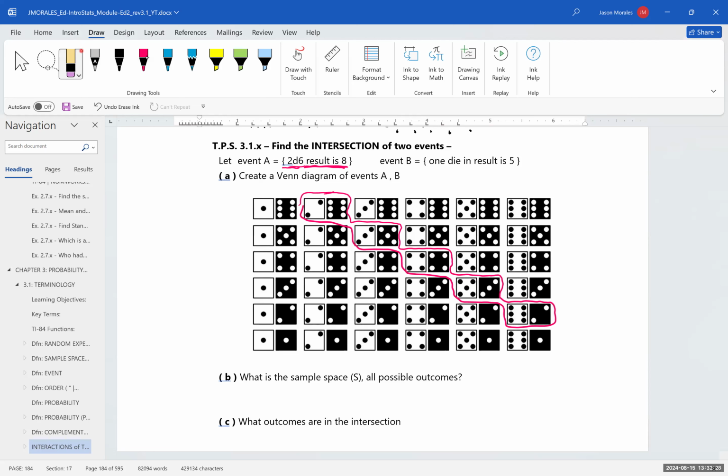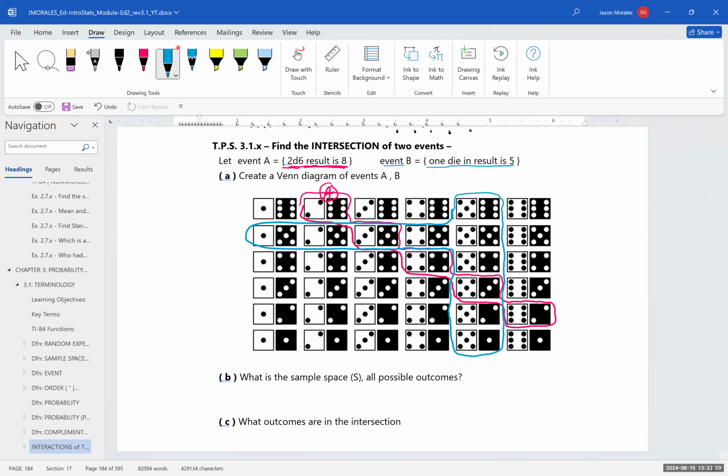Now let's see here. Okay, that's event A. And then event B is going to be where one die in the result is a 5. Okay, so that can be any of these because here the white die is a 5, and then it can be any of these because the black die is a 5.